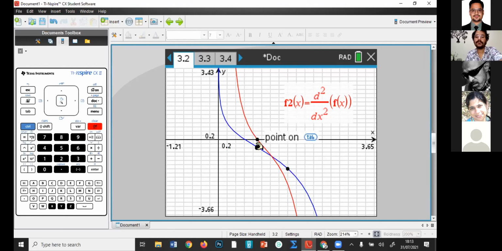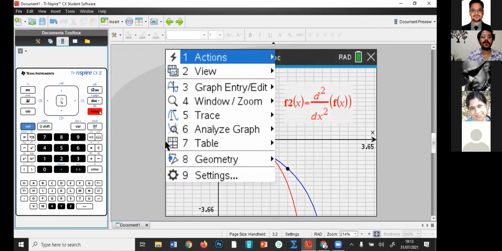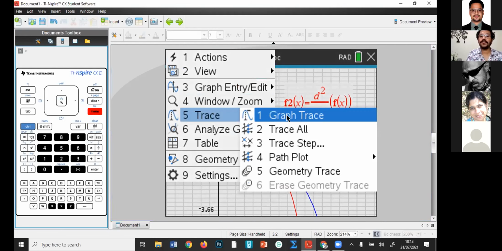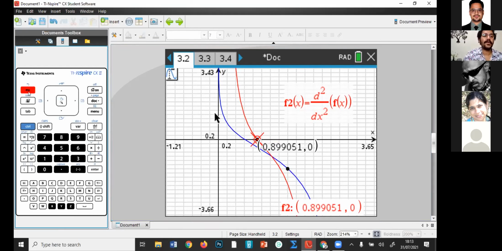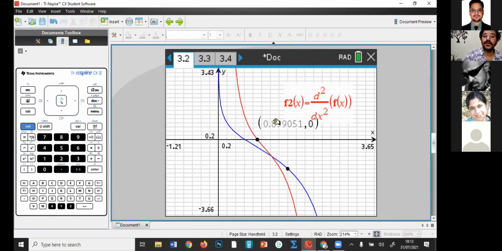I think he meant the point on the function. So this was the point. So is your question, how do we get the point corresponding to this on the drawing? Exactly, yeah.